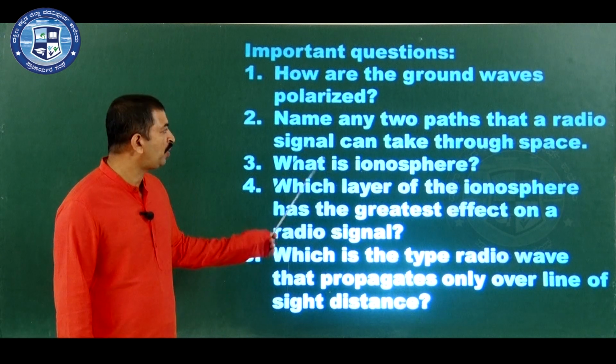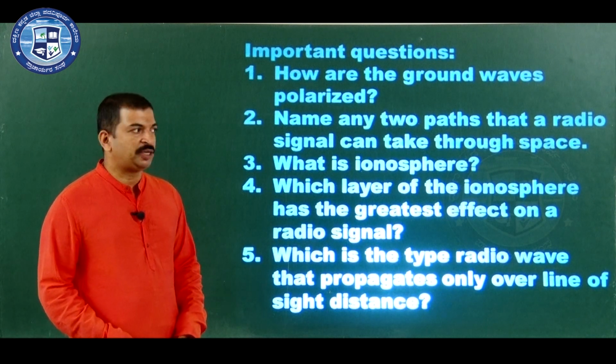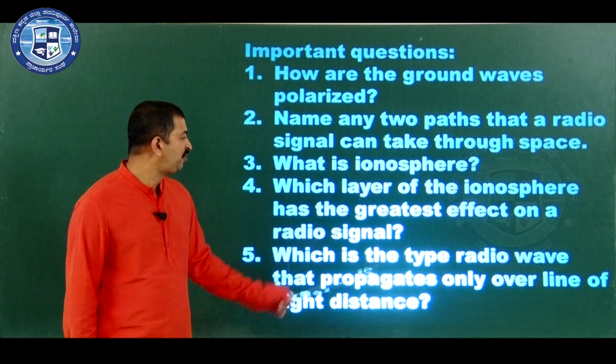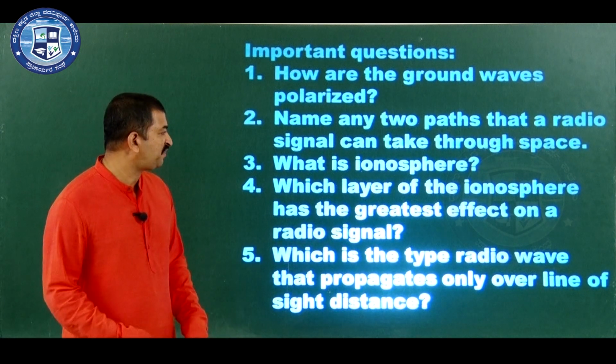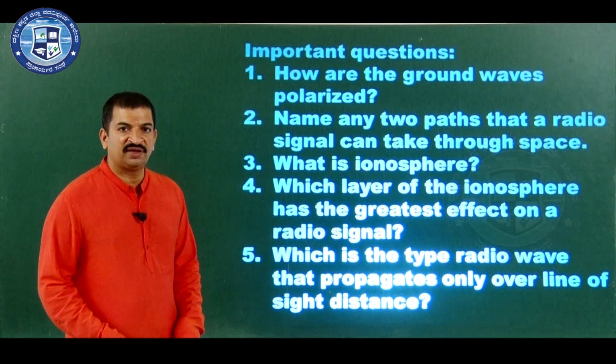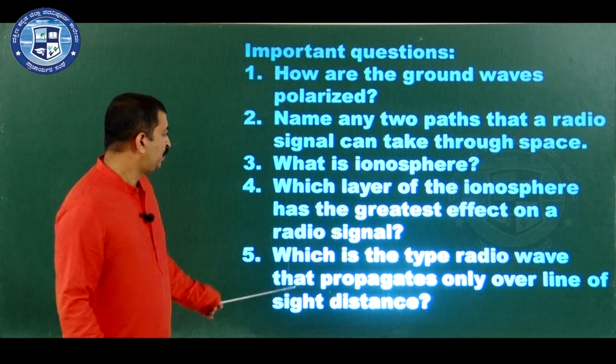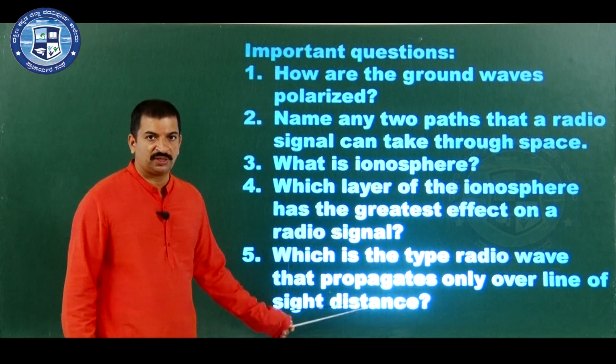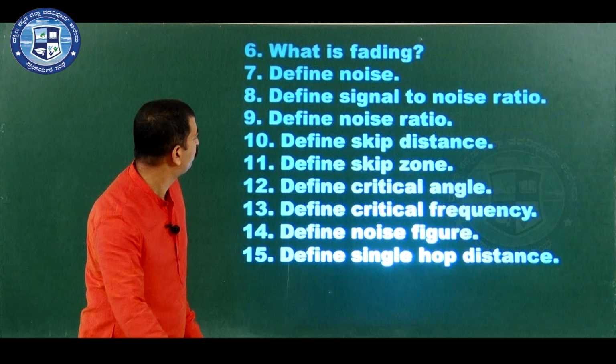One is the sky wave, another is the space wave. What is ionosphere? That we have discussed. Which layer of the ionosphere has the greatest effect on radio signal? That is the F2 layer. Which is the type of radio wave that propagates only over line of sight distance? The answer is space wave.